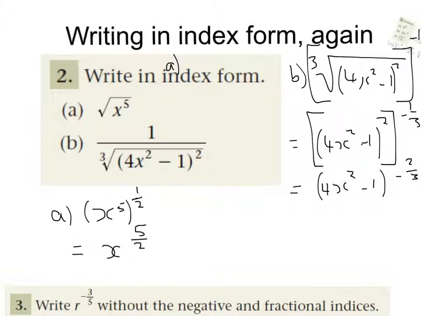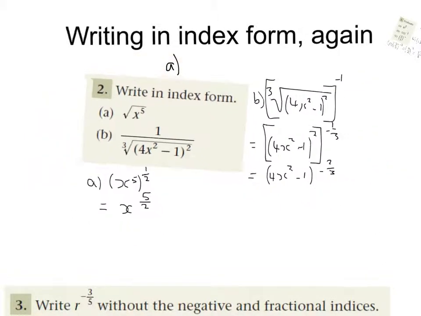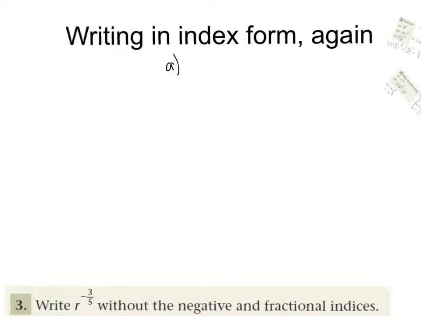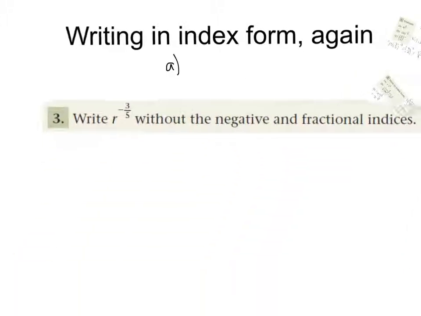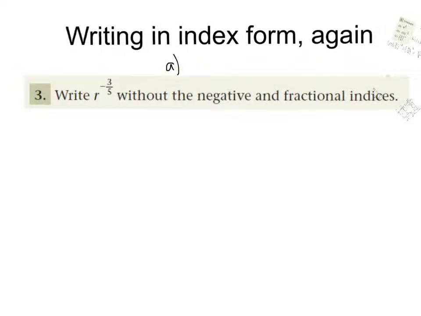Okie dokie. So I'll just move question 2 out of the way. And now I can get started on question 3. Right, r to the power of -3/5, without the negative and fractional indices. Okay, so I want to do this first of all by writing it, well, you could do it a number of ways. An idea that some people prefer is to do this.